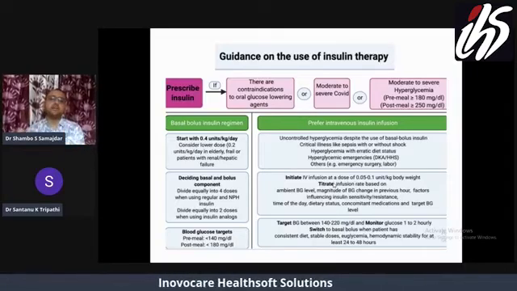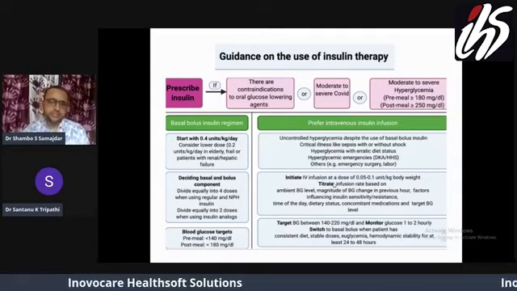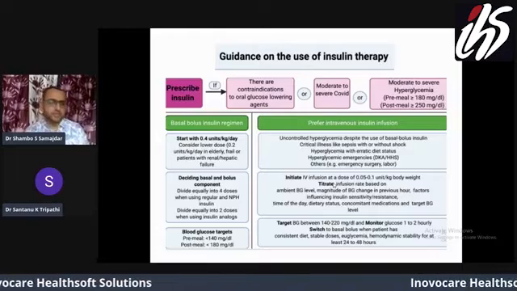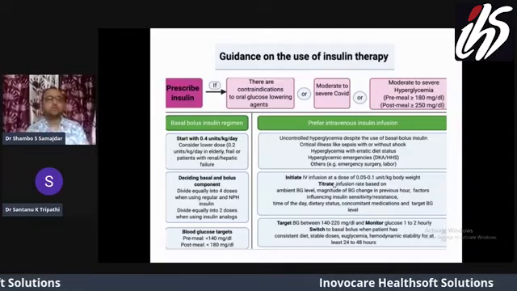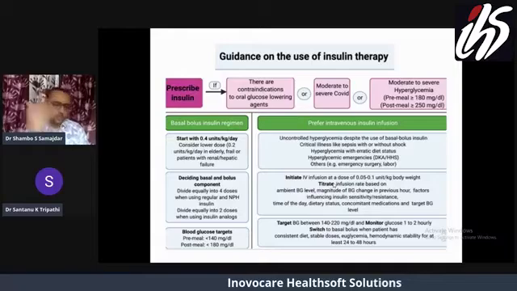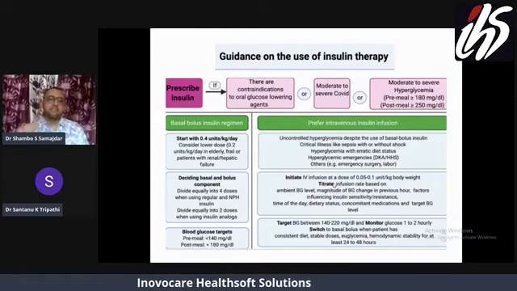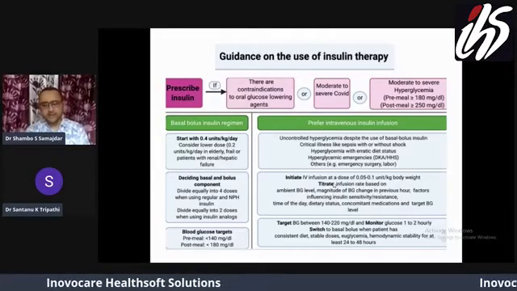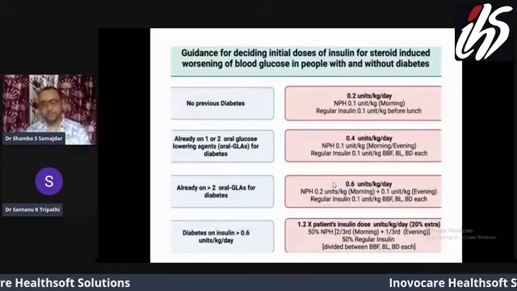And when we require intravenous insulin infusion has been beautifully discussed. I am not going into details. And how to use the basal bolus insulin regimen, we had already discussed in our previous slides.